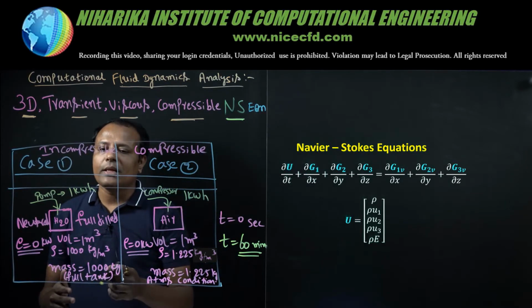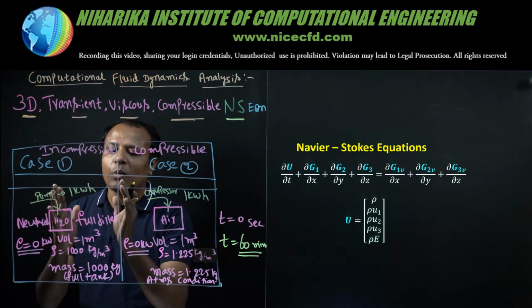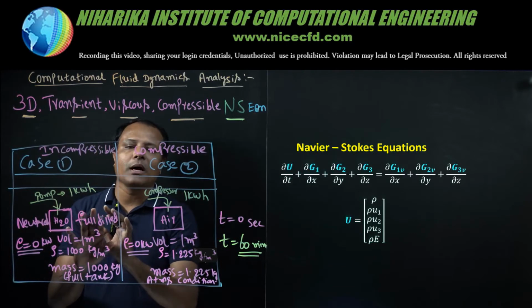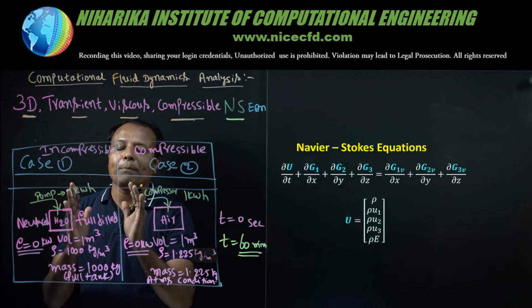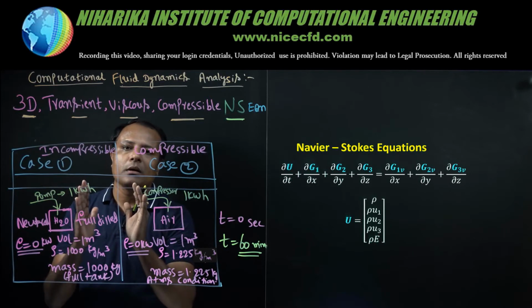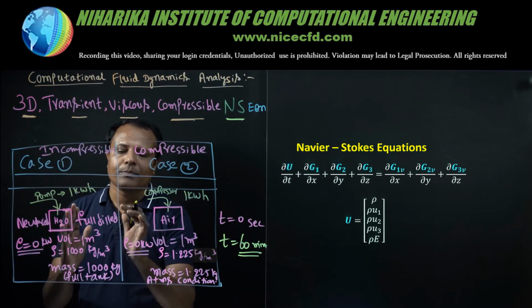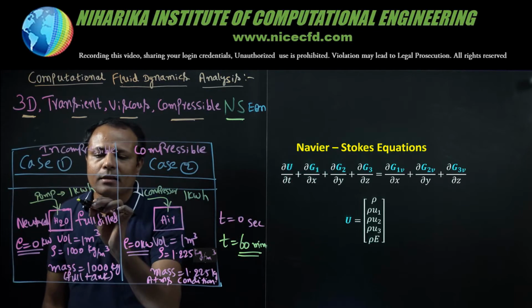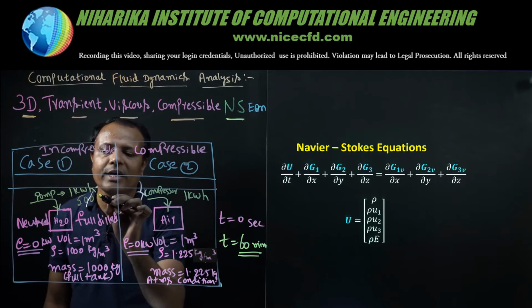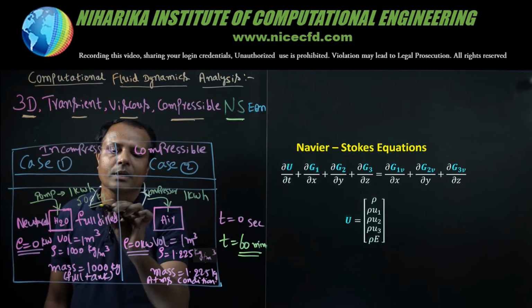Now, I will run the pump for 1 hour. Forget about all losses. Let us say the mass flow rate of the pump is 500 kg per hour.